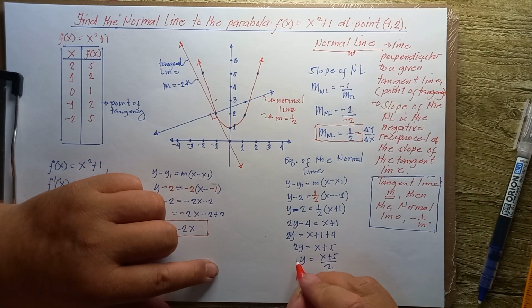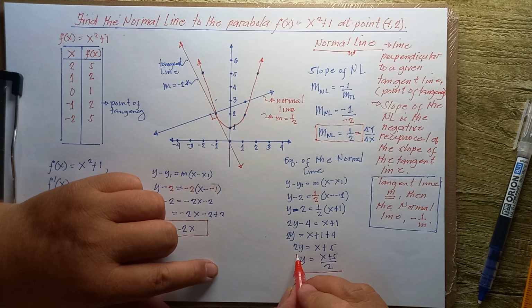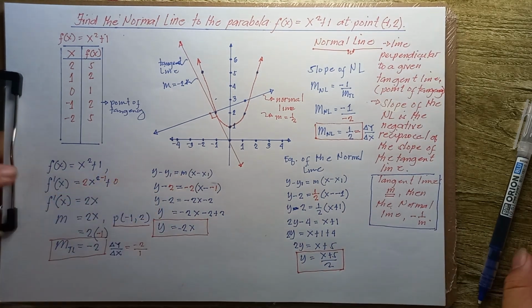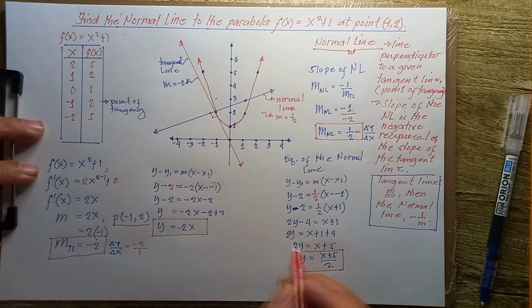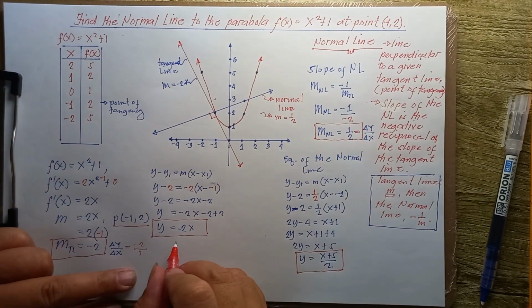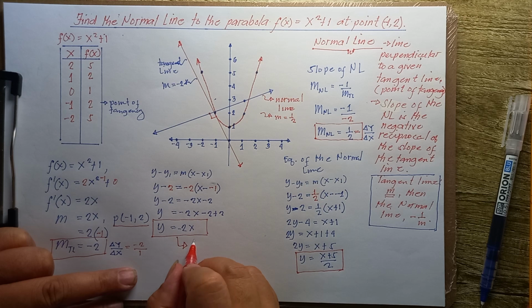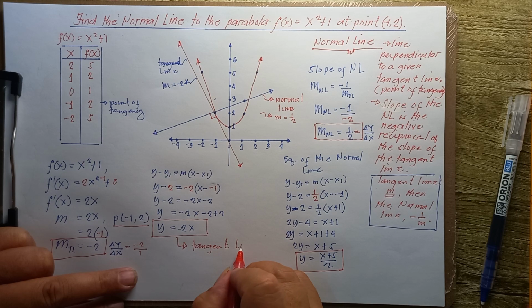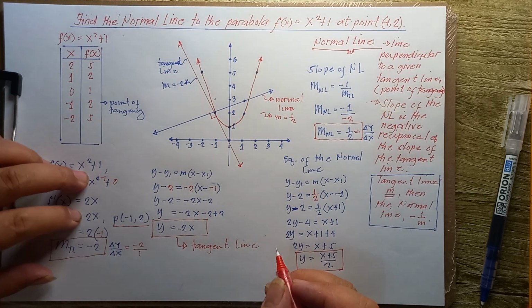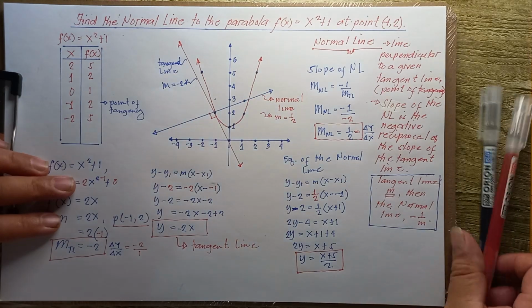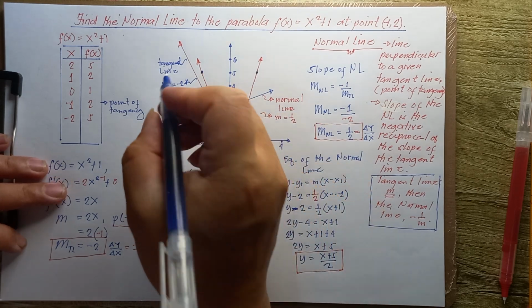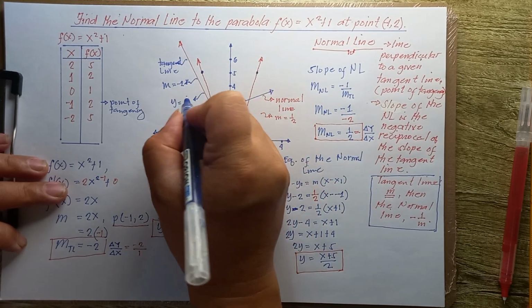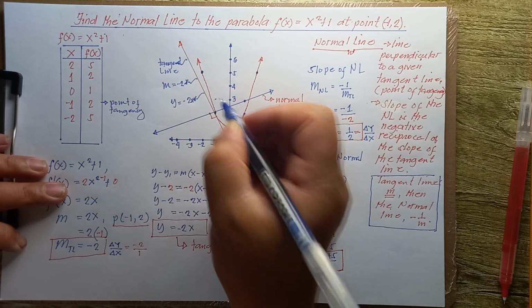So this is the equation of the normal line. The equation of our tangent line is y is equal to negative 2x.